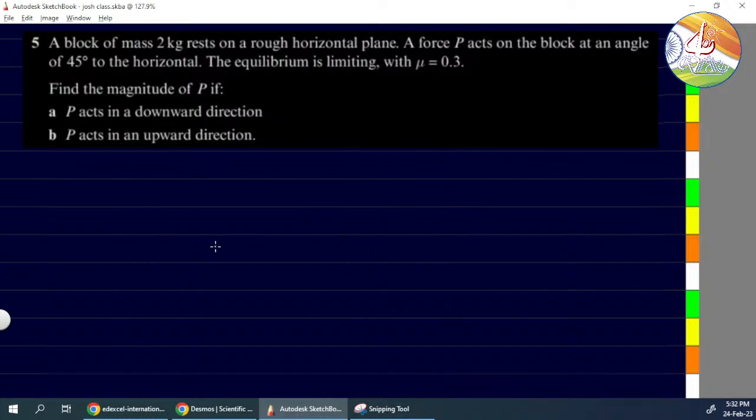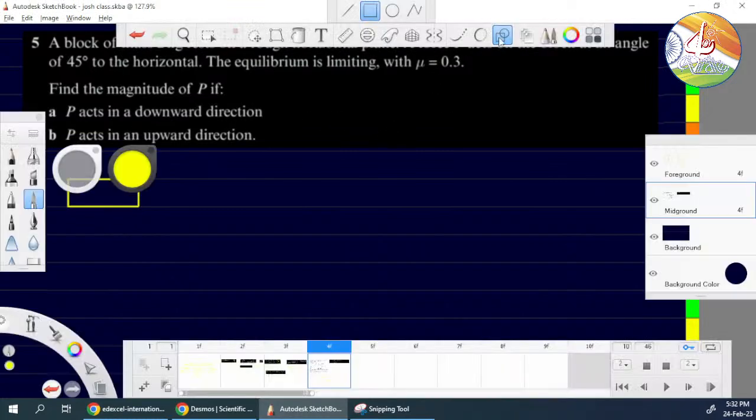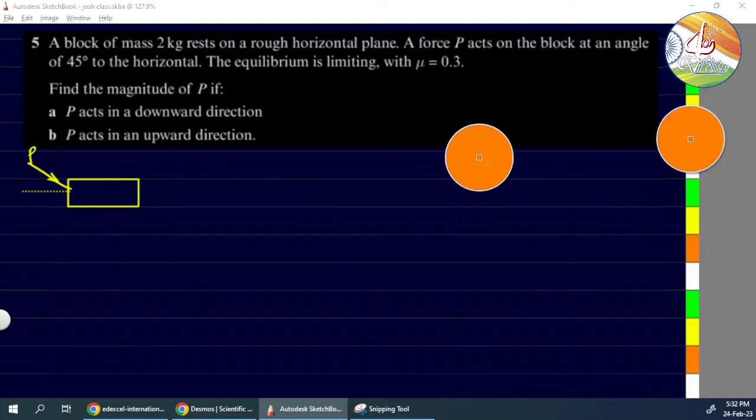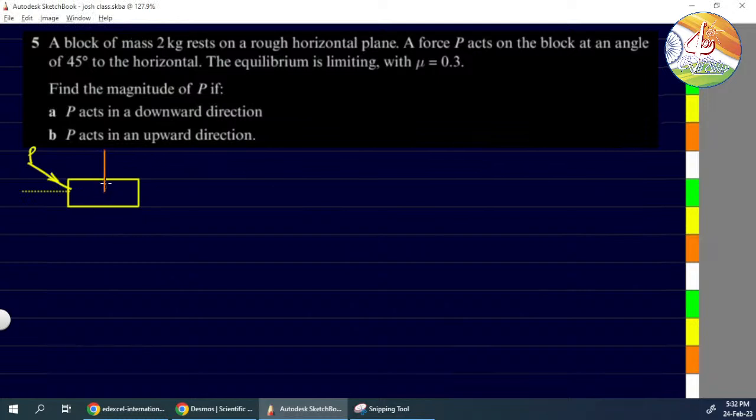Equilibrium is limiting. Mu is given. Okay, so find the magnitude of P for two conditions. So first condition, what is it? P acts downwards in direction, right? So if P is acting downward direction, yeah, this force is downwards.